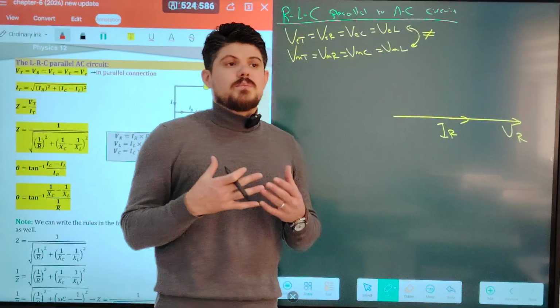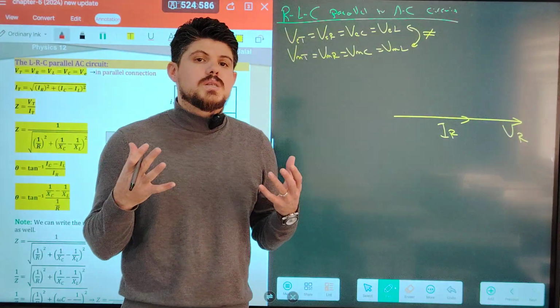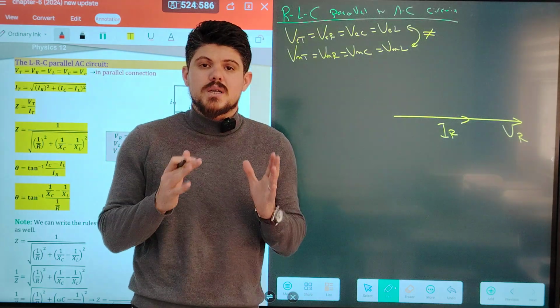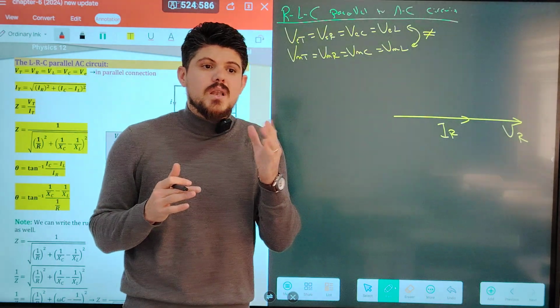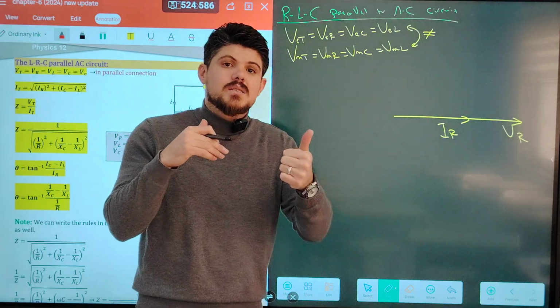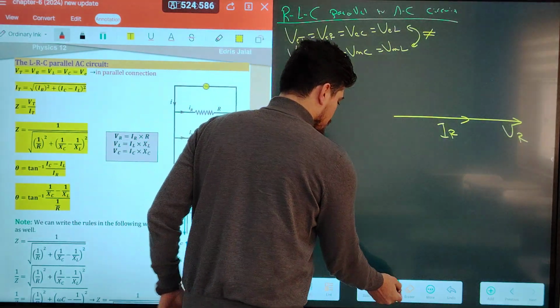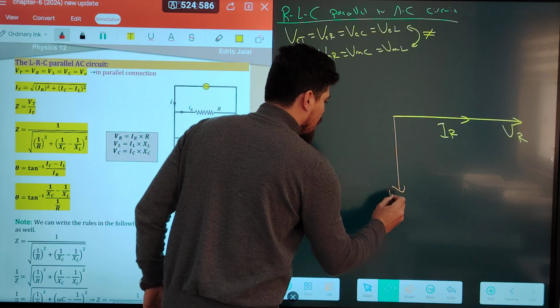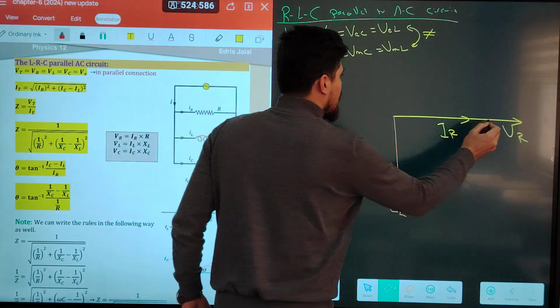How about for the pure inductance? So what is the relation between the current and potential difference in pure inductance? If you remember, in pure inductance, potential difference VL leads the current. What about current? Current lags behind potential difference. This is current IL. Lags behind what?